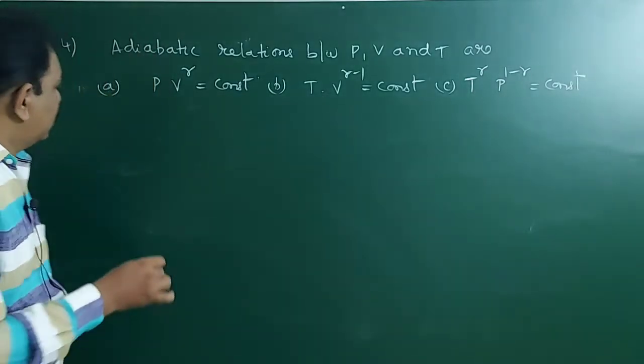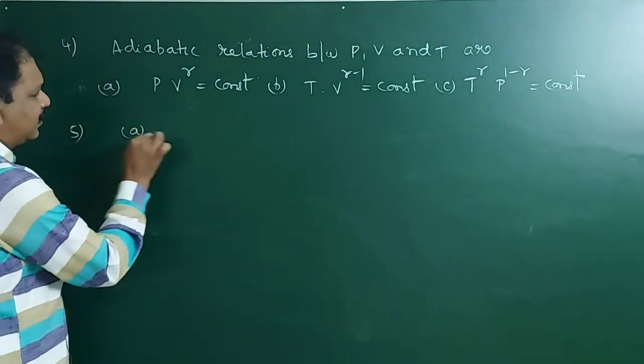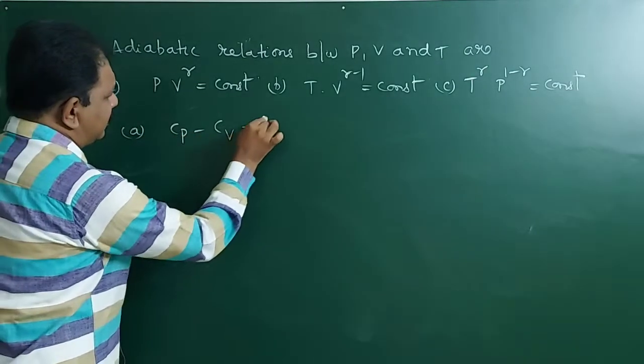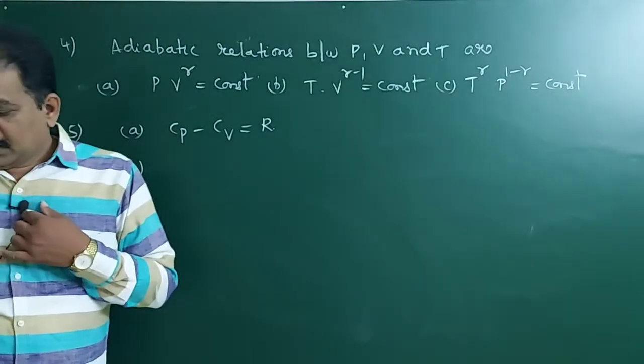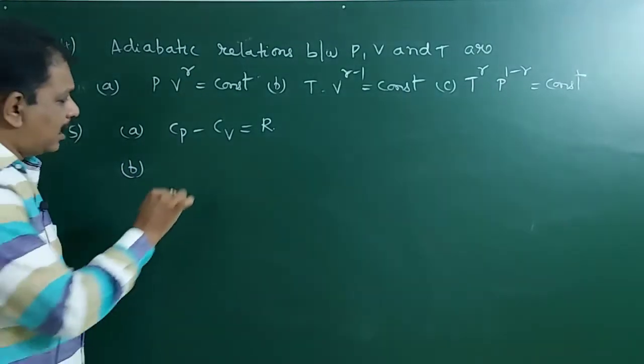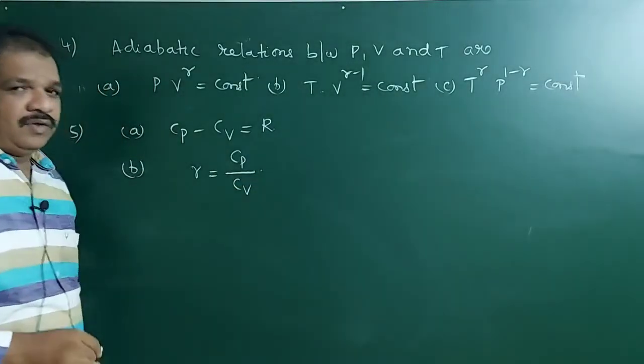Next, relation between Cp and Cv. They will ask Cp minus Cv is equal to R. In the same manner, gamma is equal to Cp by Cv.